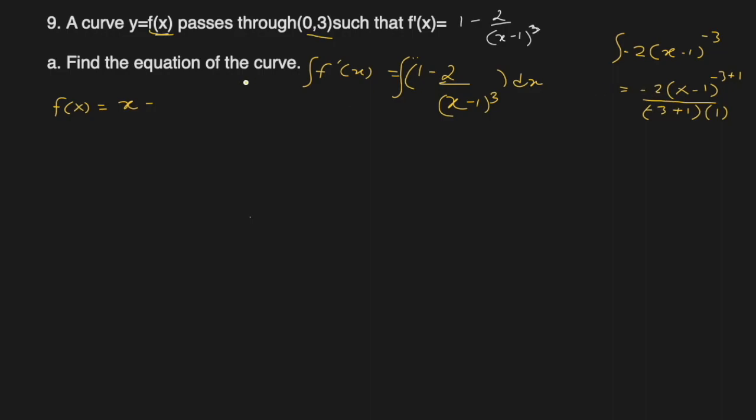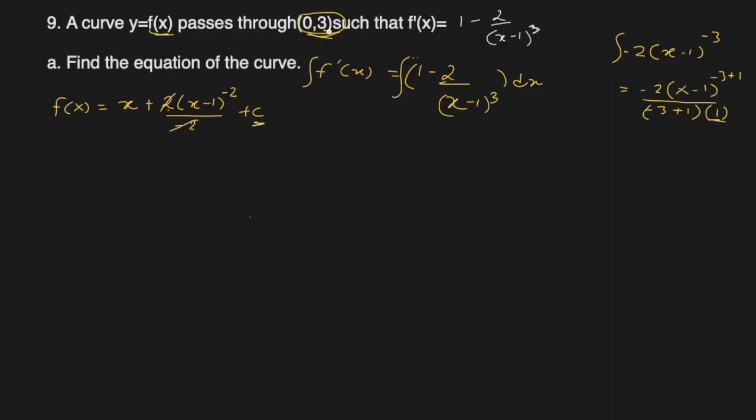So I'll write this here now. So it will be minus 2 (x minus 1) to the power minus 2 divided by minus 2 times 1, and I'm ignoring 1 now. This minus 2 and this minus 2 will cancel and this will become positive as a result, and plus c. This will be the equation of the curve, but we have to evaluate c with the help of the point they have given.